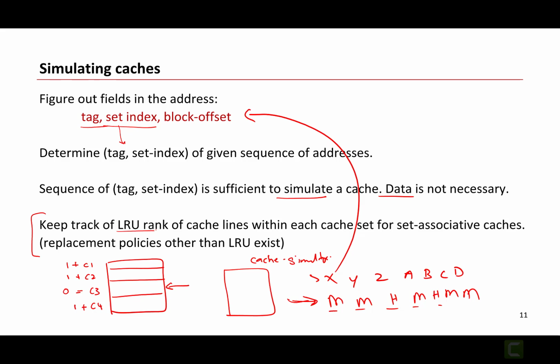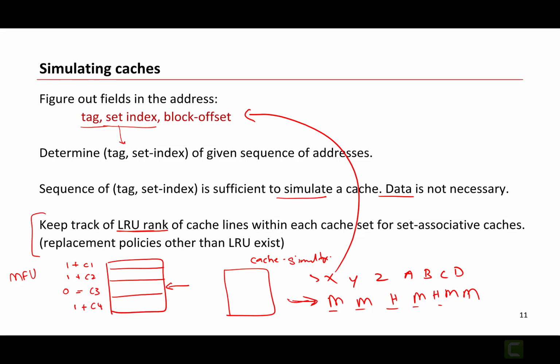And keep in mind that other replacement policies do exist. Another one would be the most frequently used policy, in which case you would say if a cache block is most frequently used, then I don't want to evict it, etc. I don't want to go into the different replacement policies, but the point here is that when you're simulating a cache, you need to simulate the LRU rank for the cache lines within a set.